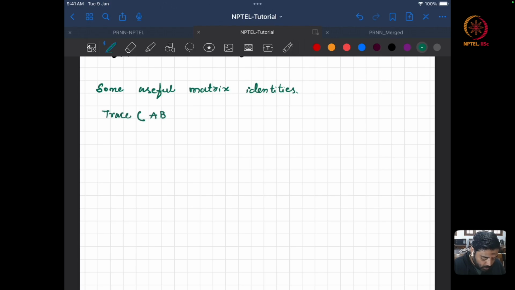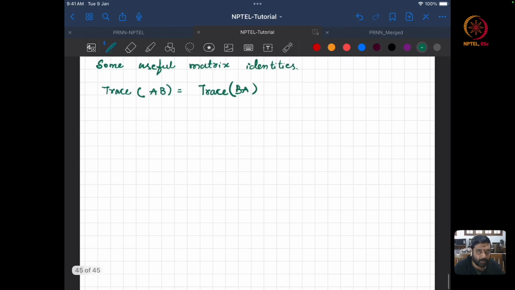Trace of AB equals trace of BA, assuming that the AB, BA matrix multiplications are possible, given the dimensions.